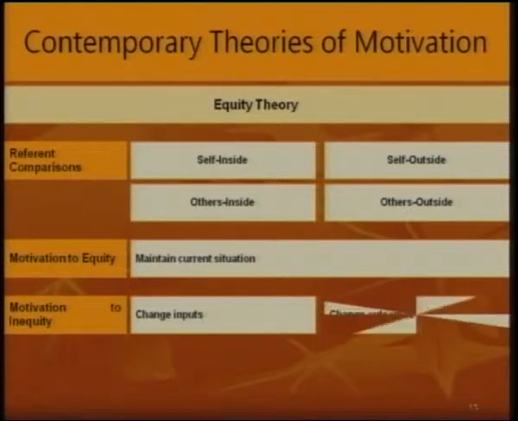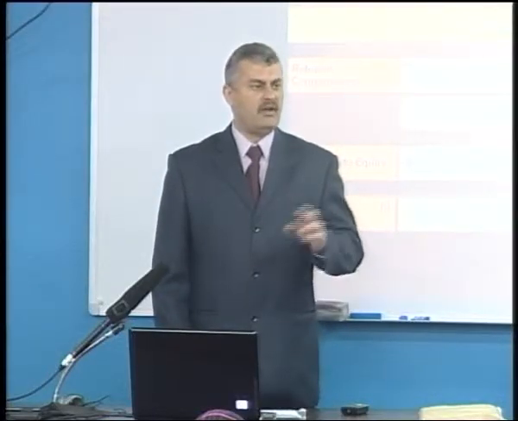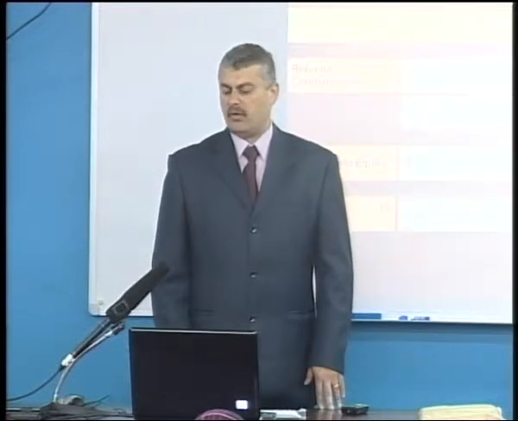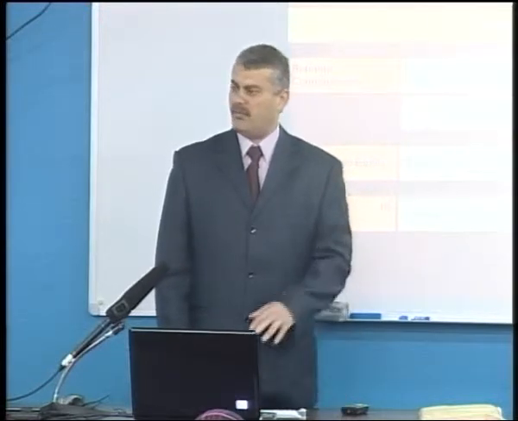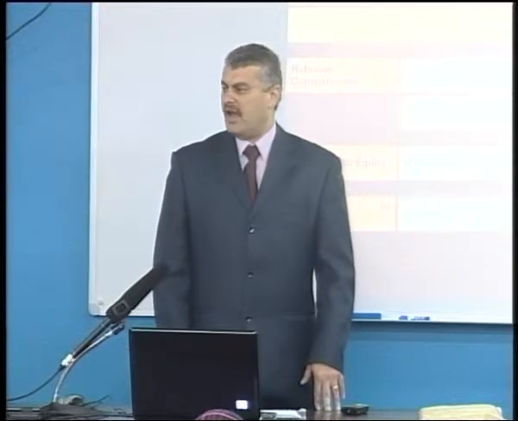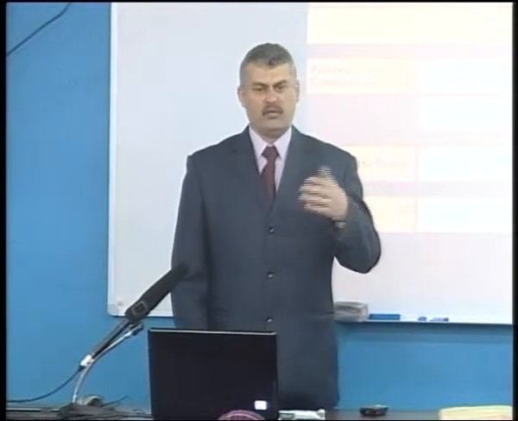The first one: either we are going to change the inputs. Here we are talking about the equation itself and how to deal with the components of the equation. Either we are going to change inputs, or maybe we are going to change outcomes. Here we are talking about the components or the elements of inputs and outcomes.